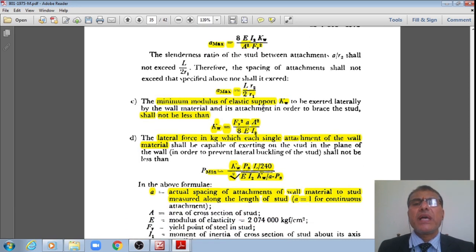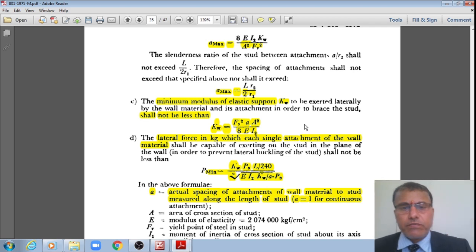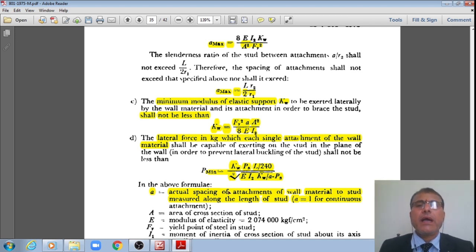The minimum modulus of elastic support KW to be exerted laterally by the wall material and its attachment in order to brace the stud shall not be less than KW is equal to Fy square multiplied by A square divided by 8 EI2.